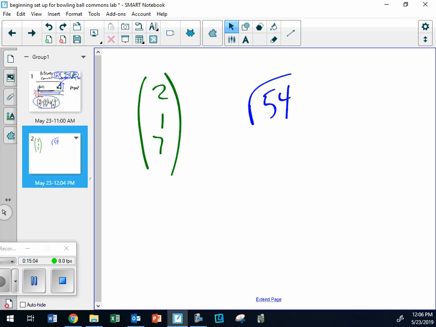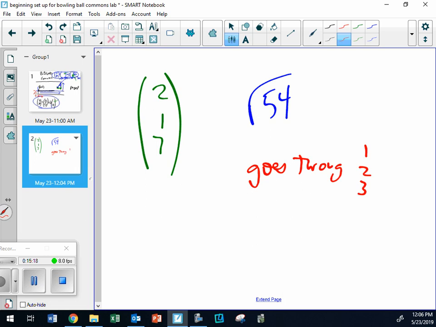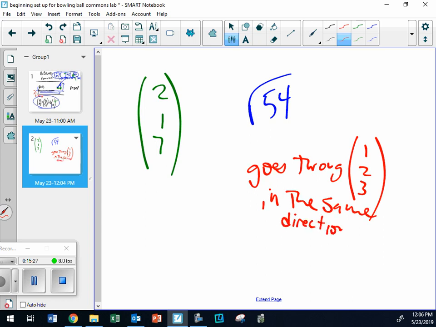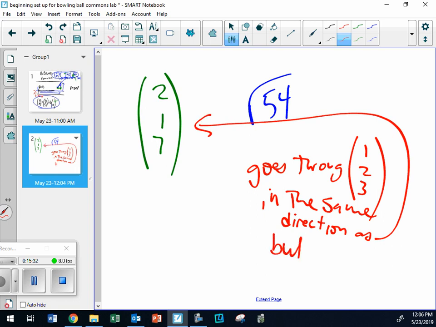And then here's the final question that would be like what we'd ask you. Make a vector equation that goes through 1, 2, 3 in the same direction as this one, but at 18 meters per second.